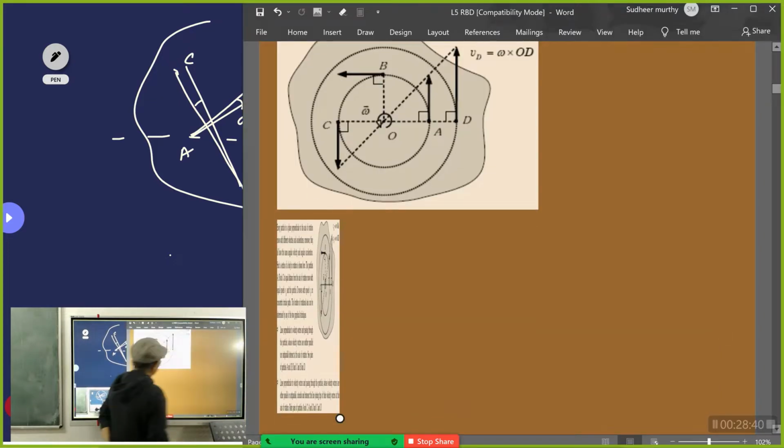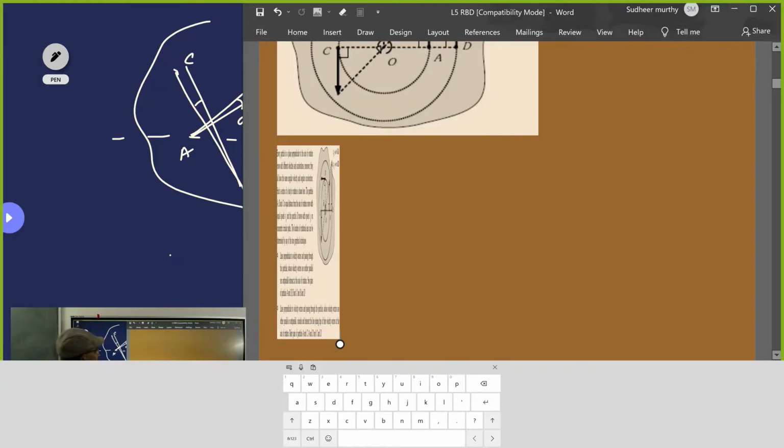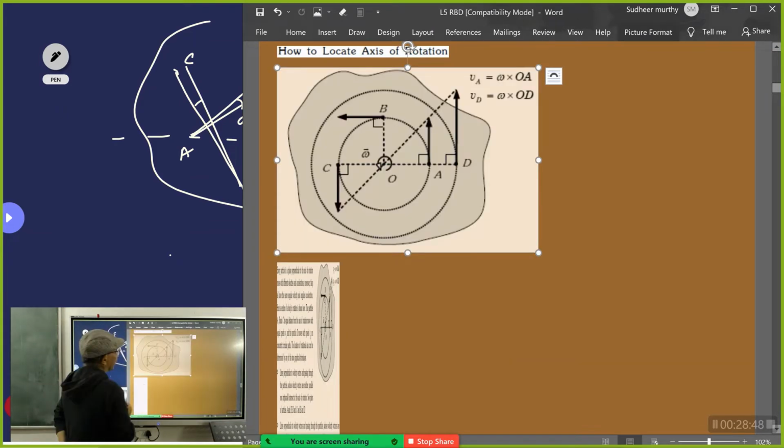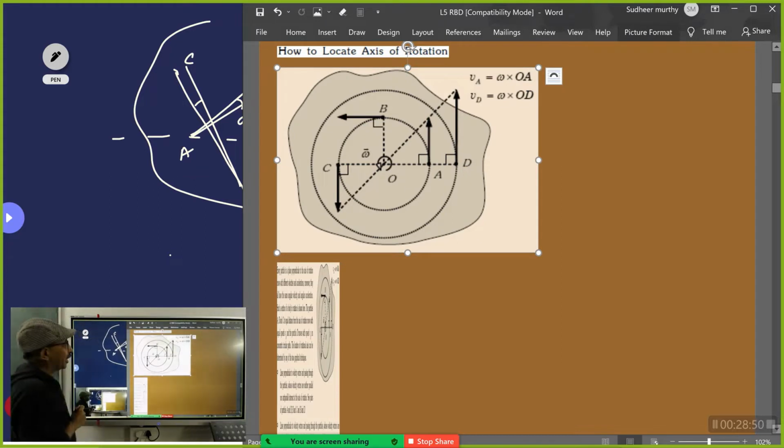Based on that analogy, you can now see that VA is equal to omega into OA and VD is equal to omega into OD. Is it a cross product or simply a multiplication?